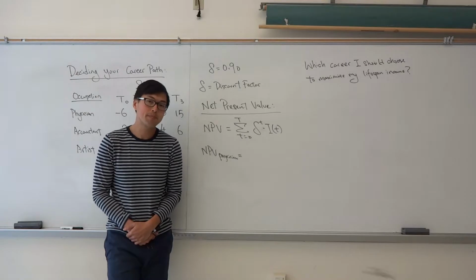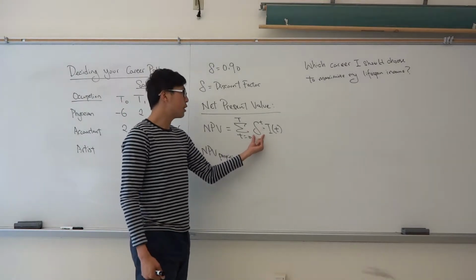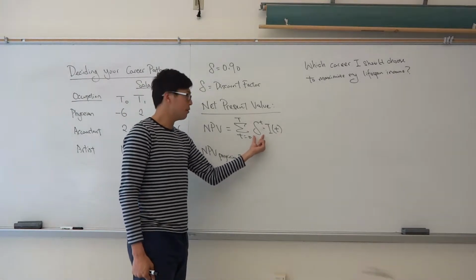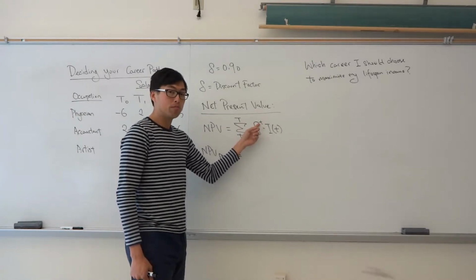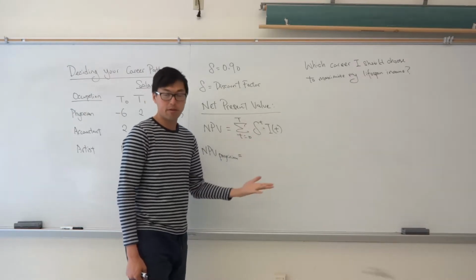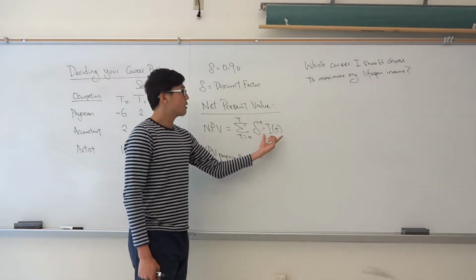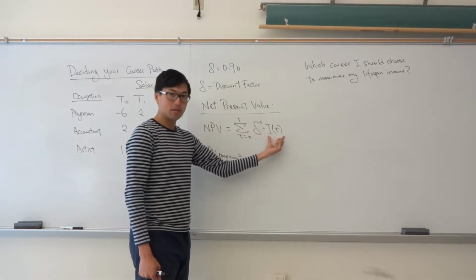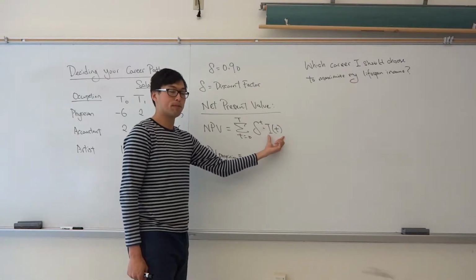So what kind of numbers are we looking at? In this equation, we use delta, the discount factor, to the t power. We will have different time periods: period 0, period 1, period 2, period 3, times the income, which is the amount of dollars earned in that specific period.